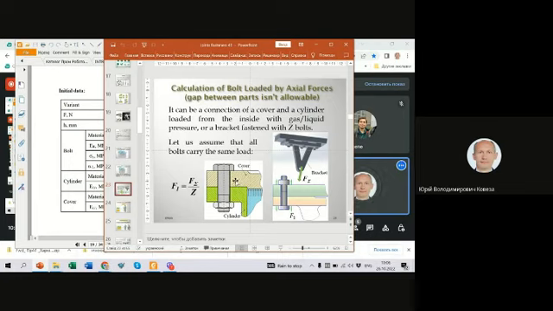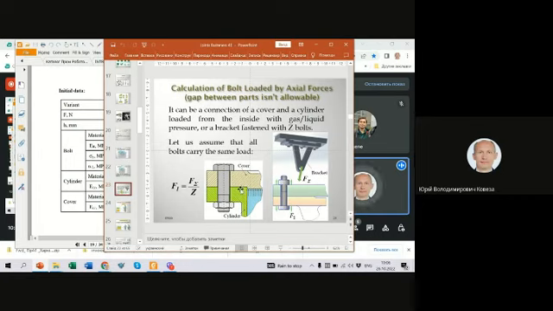It means that we need to connect these two elements, but not only connect. We should prestress it, because under the load, if we don't prestress the joint, bolt elongates and we have gap between these two elements.